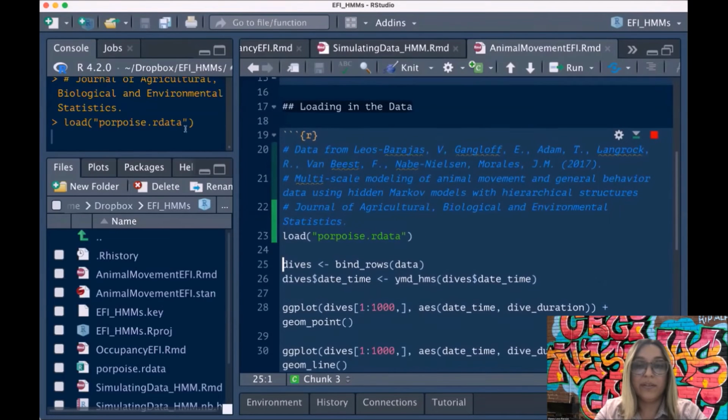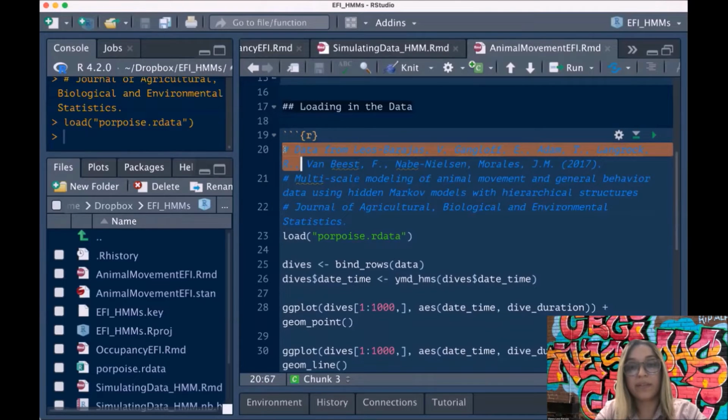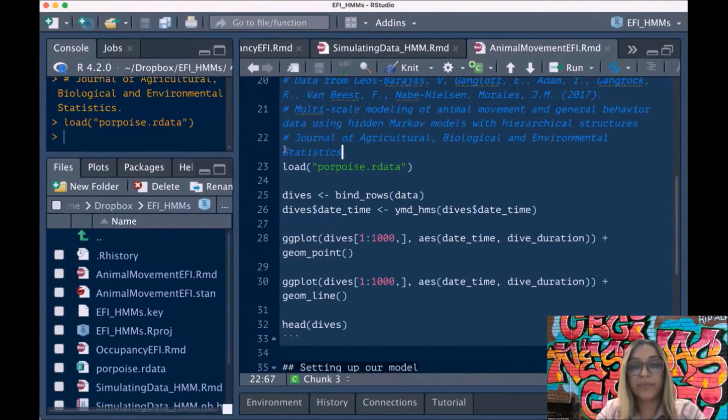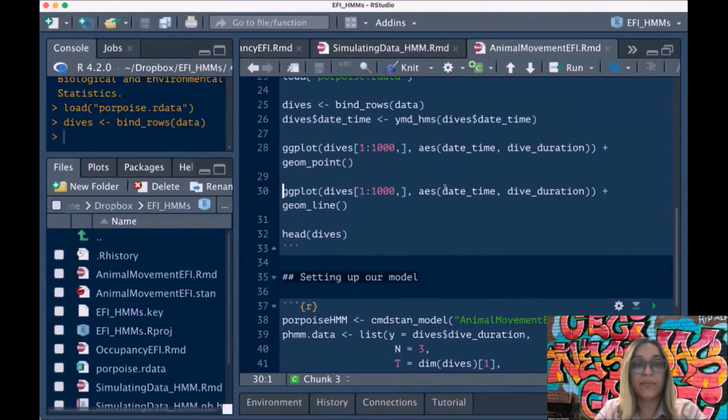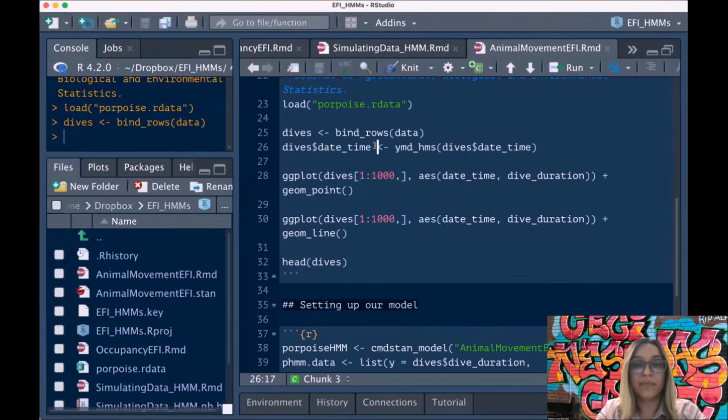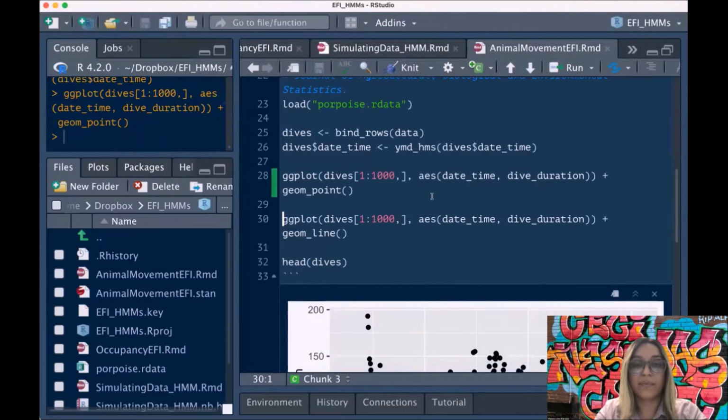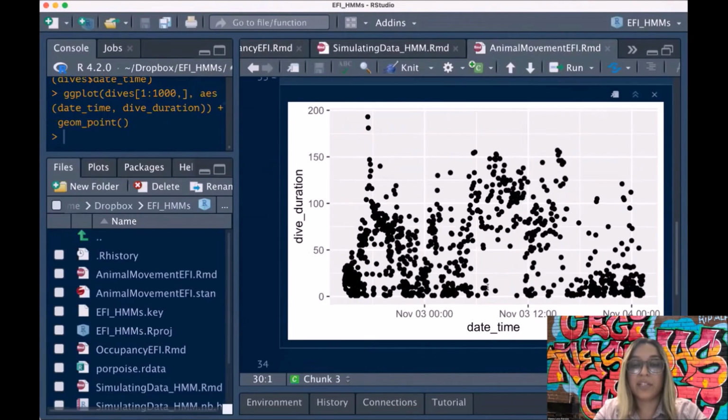So we'll load in the porpoise data from this paper. Can process it a bit. This is the plot we saw earlier with dive durations over time. So we notice here, there's a period of time when the porpoise is diving for longer periods.